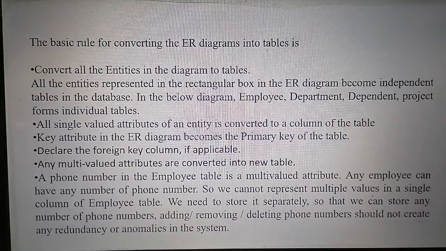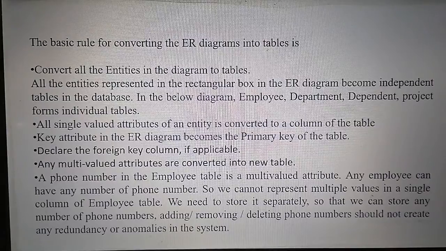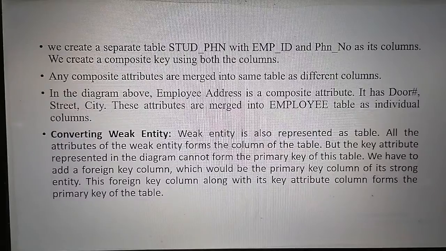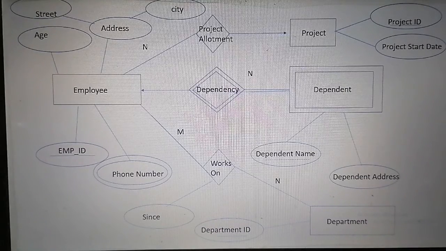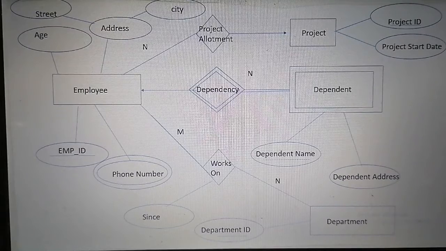So the next rule says that the key attribute of the ER diagram will be considered as the primary key of the table. Here in the case of employee, employee ID is the key attribute because it is underlined. We will make the employee ID the primary key of the relation employee.